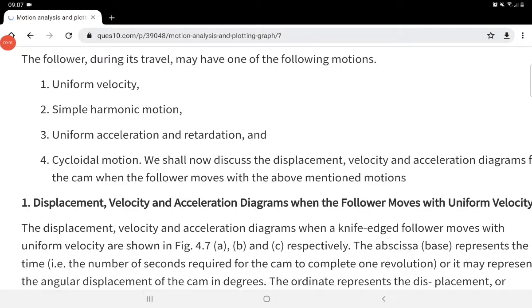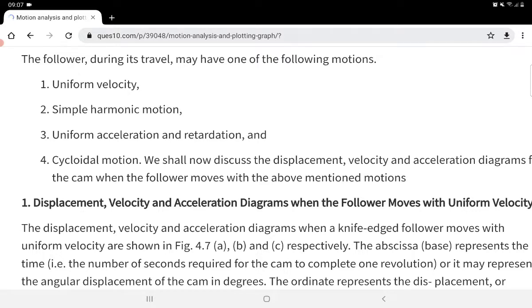Hello students, in today's important lecture we will study the displacement, velocity and acceleration diagram when the follower moves in the following three important conditions, which are part of our syllabus.